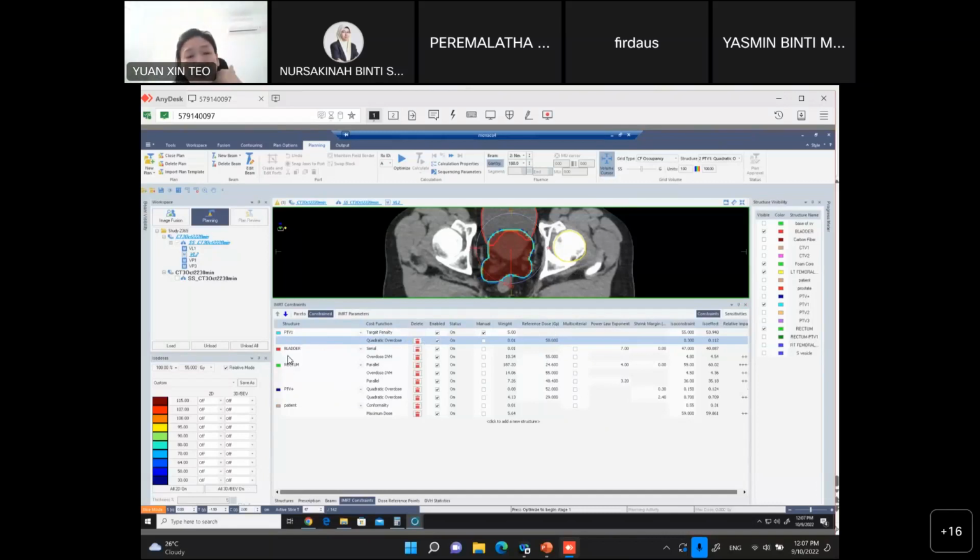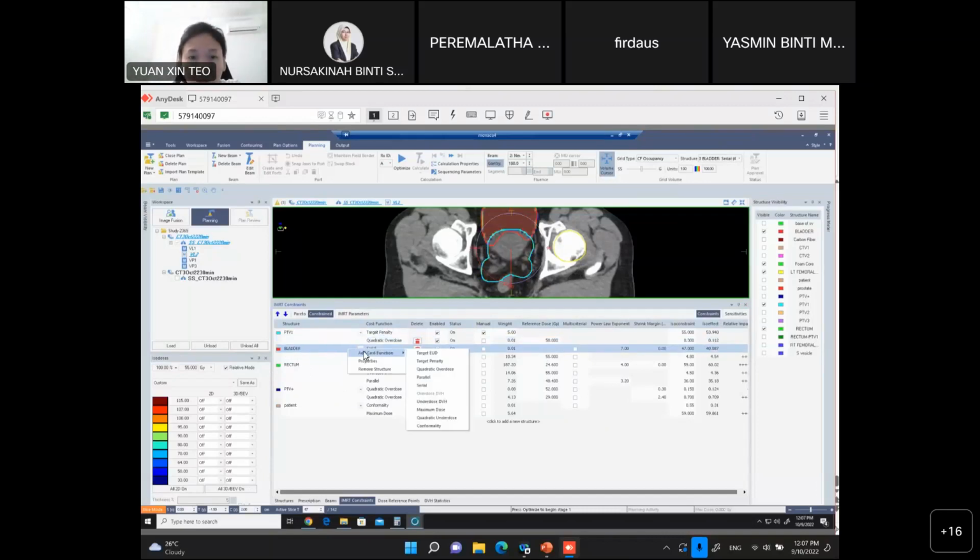Okay, so then I have to put in my OAR. There is a bladder and the rectum. So for bladder, as you can see here, there are parallel and serial cost functions. Parallel we normally apply for parallel organs. For example, parallel organs in our body are kidney, eyes, carotid, where there are two of the same organ in our body.